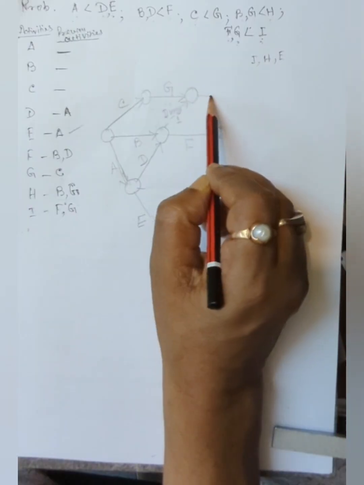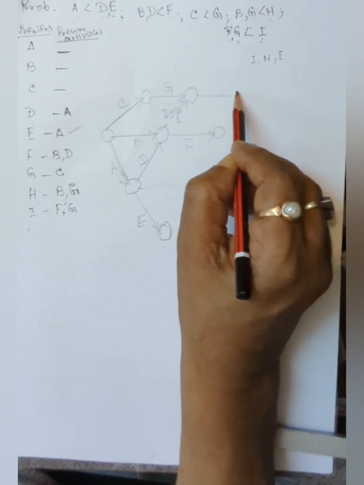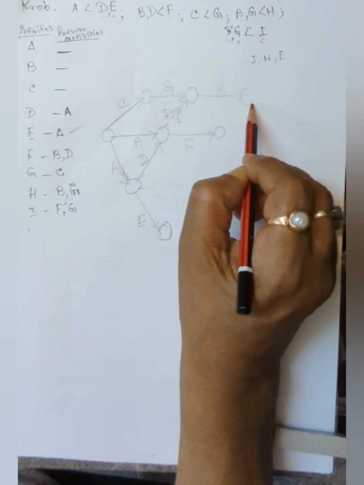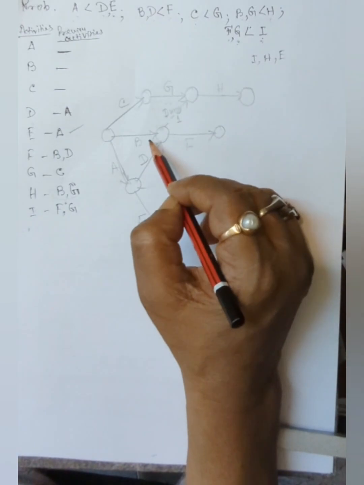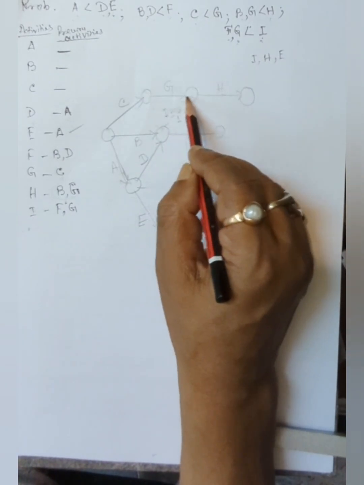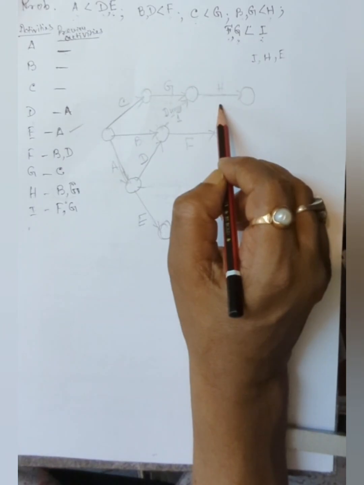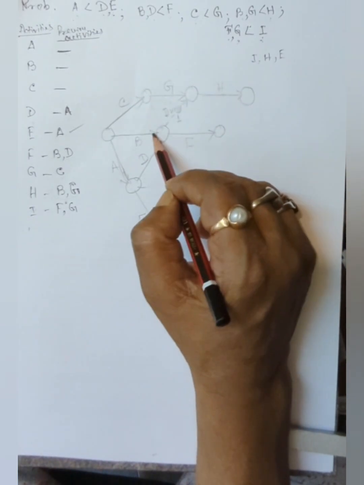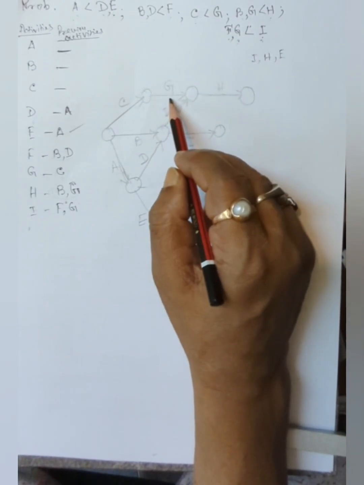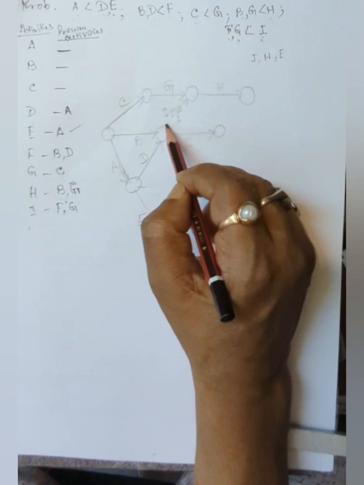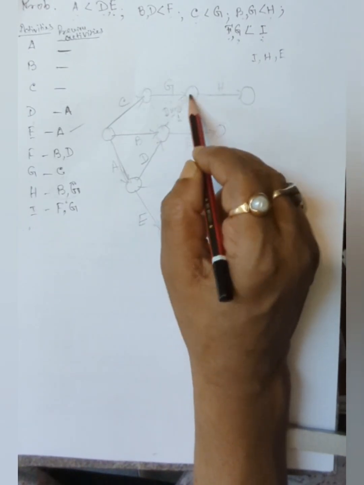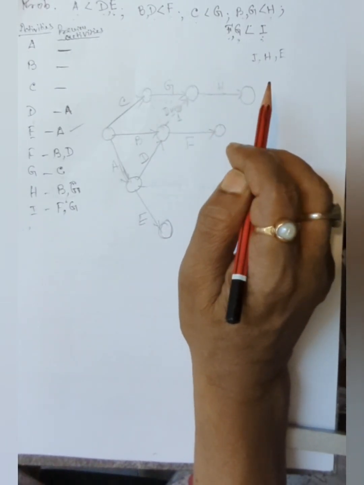And then draw H. This is B, the preceding activity, and G, and this is H activity. H has to be drawn after completing B and G. B and G are the preceding activities. That's why a dummy is used to show the relationship.